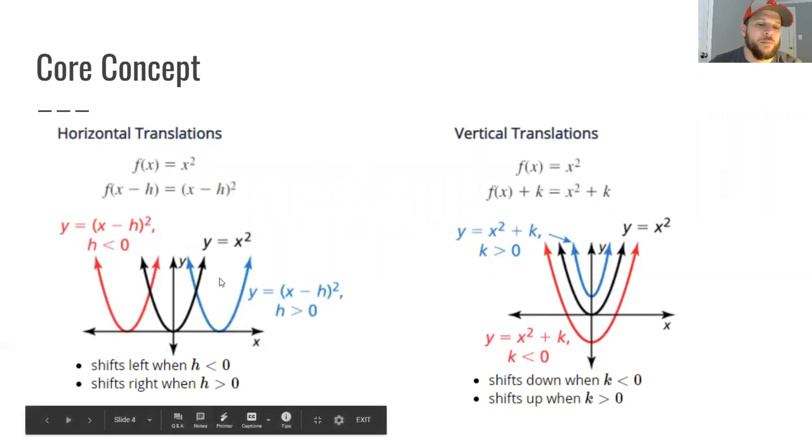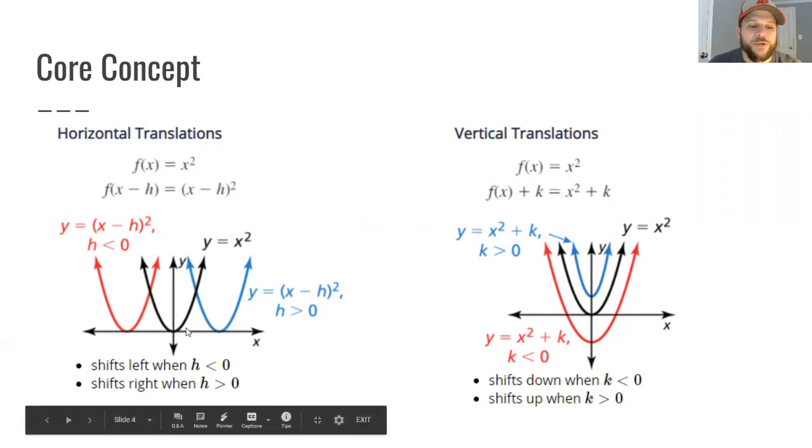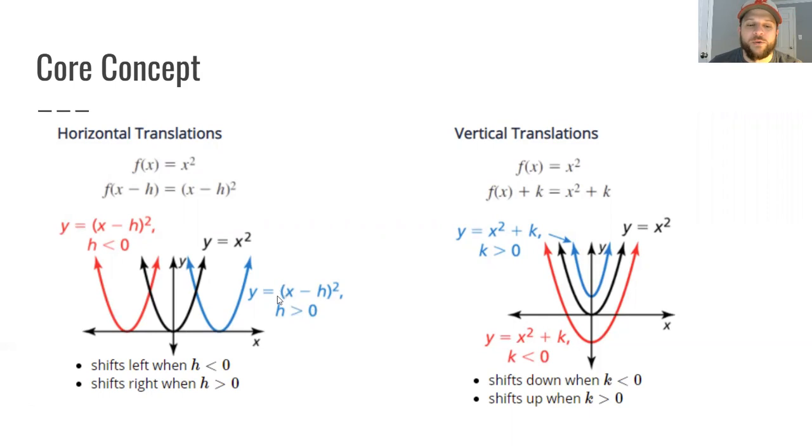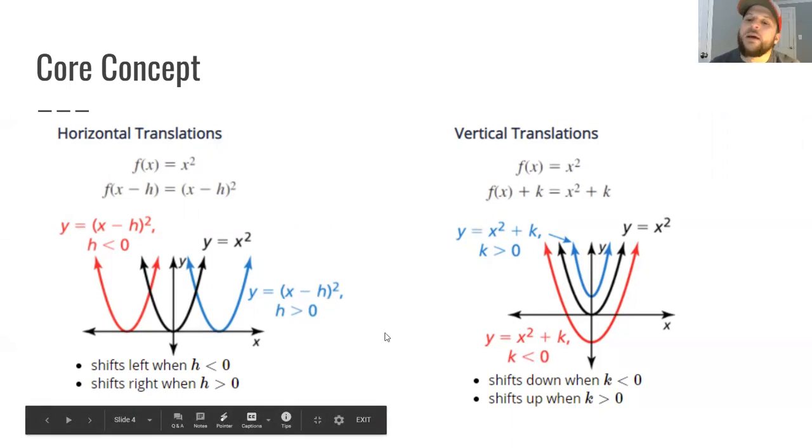So starting out with this black parabola at the origin, if you were to shift this to the left, that would be subtracting a negative number. And when you ever have two negatives like x minus -2, that can be rewritten as a positive. Same thing over to the blue. So if you're shifting to the right, then that means you're shifting in a positive direction. So it would become x minus 2 or x minus 3. And that minus stays there because minus a positive number just stays minus.